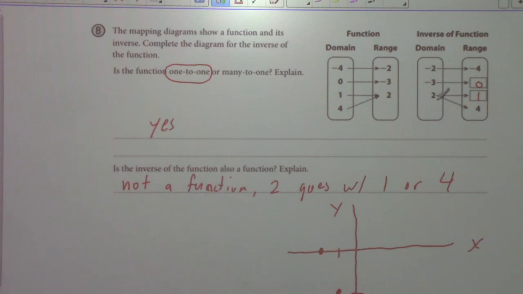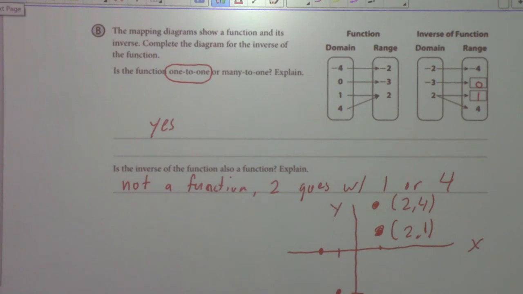But then we get over here to 2, and we would have what? We would either have this point here or this point here. So we have this point here, which is 2, 1, and right above it we have 2, 4, right? What's wrong with this? Fails the vertical line test. Yeah. Okay? Very good. Good job.